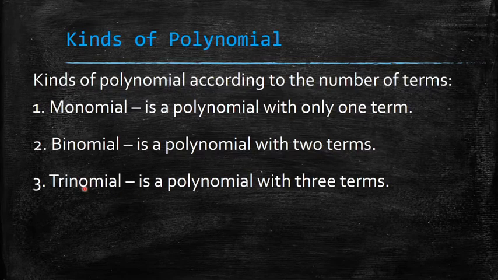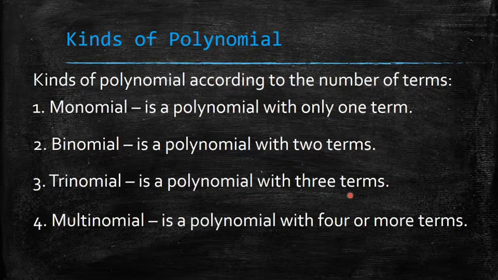Third, it is called a trinomial if the polynomial consists of three terms. And last, a multinomial is a polynomial with four or more terms.